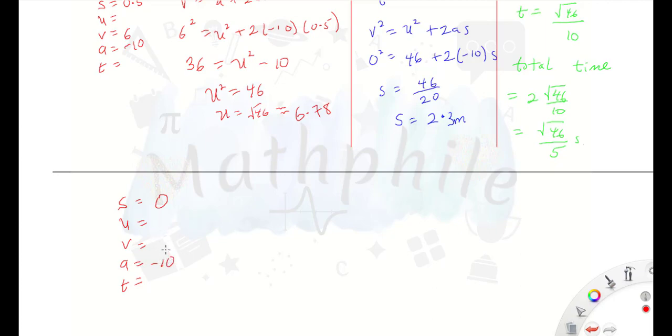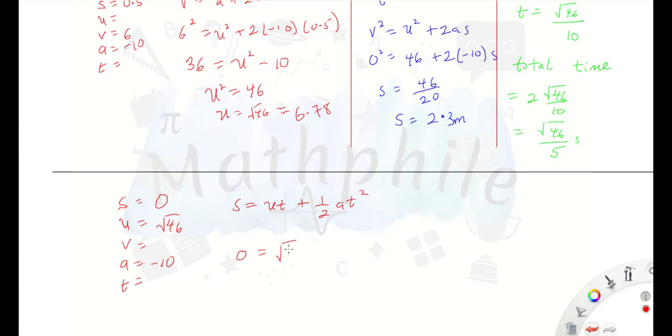The initial velocity of the particle, I think that one was root of 46. Now, from this, we can use any of the equations. So what's equal to UT plus half AT squared? That is the best to use. In this case, S is 0.